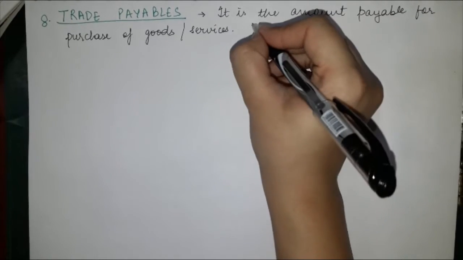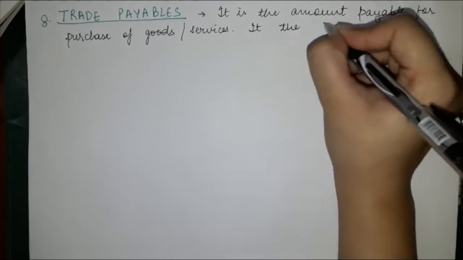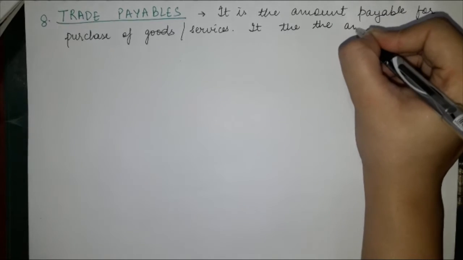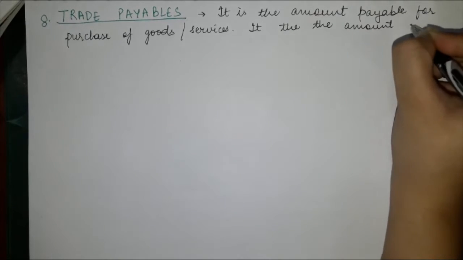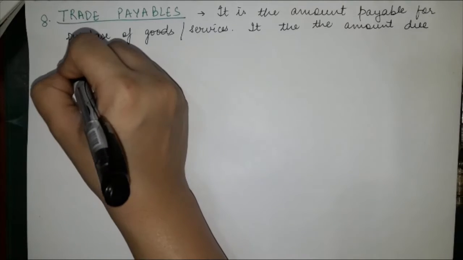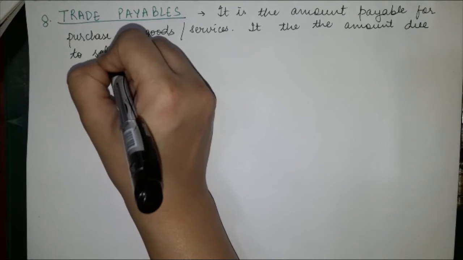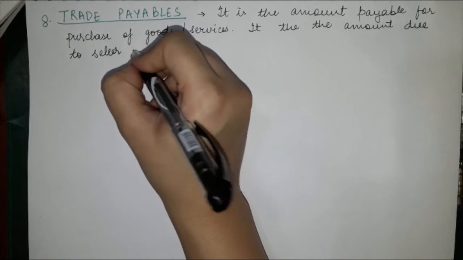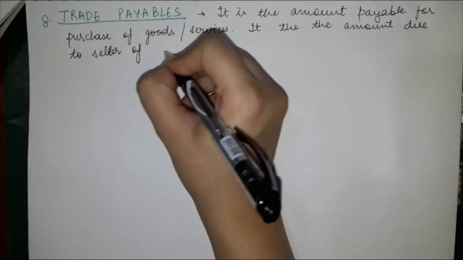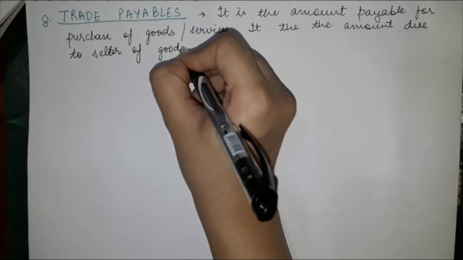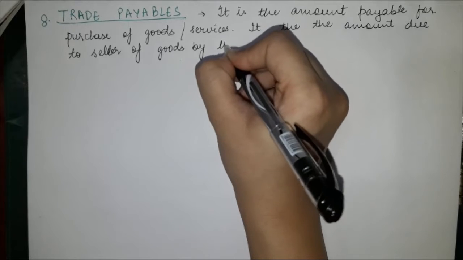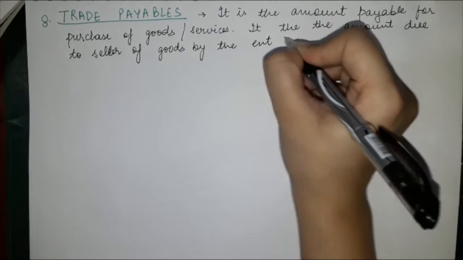So what is it? It is the amount due to whom now? Due to the seller of goods by the company, by the enterprise.